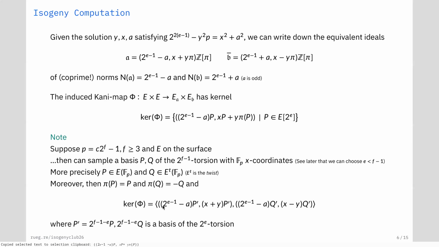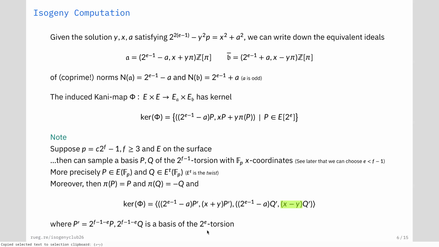So in particular, we get a very explicit kernel representation, a very explicit description of the two-dimensional isogeny looking like this, right? So this is really just point multiplication in the P point and point multiplication in the Q point.